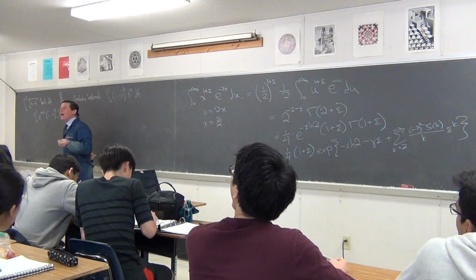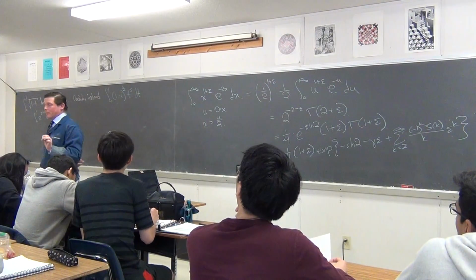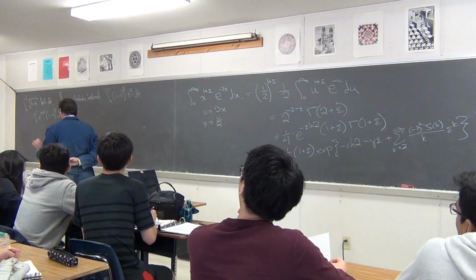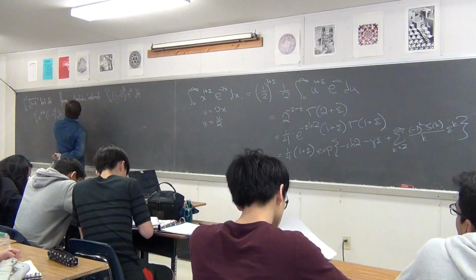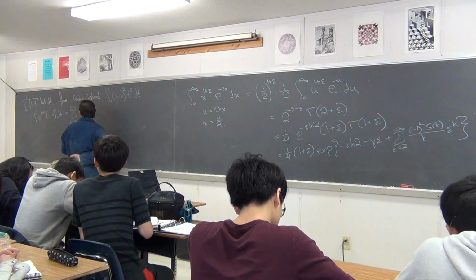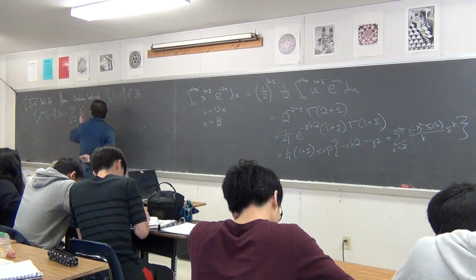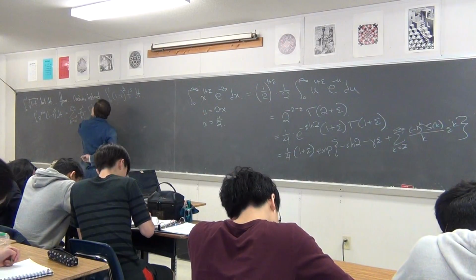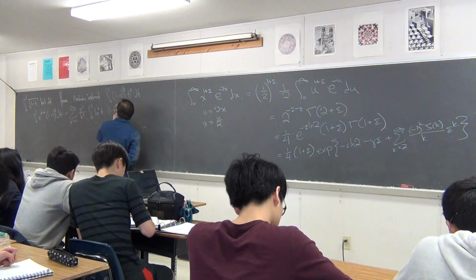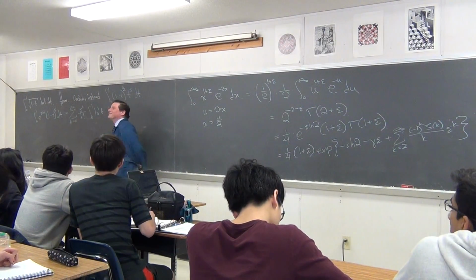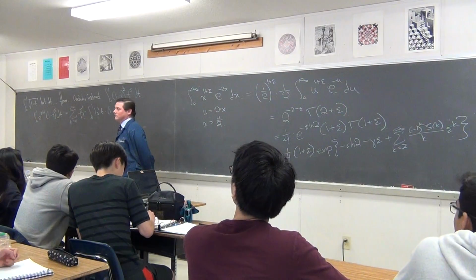Is everybody with me on that? Now, I've done this expansion a number of times, so I'm going to do it quickly. This will be the sum from k equals 0 to infinity of epsilon to the k over k factorial, times the integral from 0 to 1 of log to the k of t, 1 minus t square root dt.